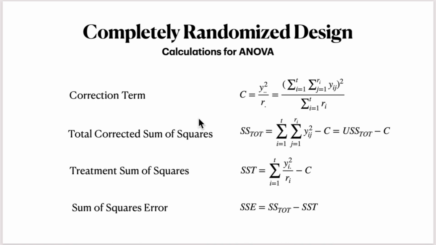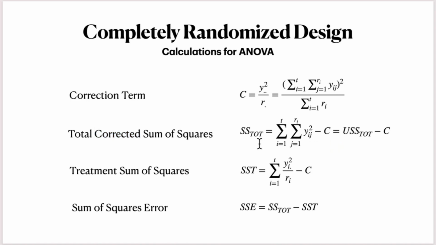Next, once we have the correction term, we can calculate the total corrected sum of squares. When we talked about ANOVA before, we called this the total sum of squares. But I'm going to throw in here the word corrected, because once we subtract off the correction factor, we will actually have the total corrected sum of squares.